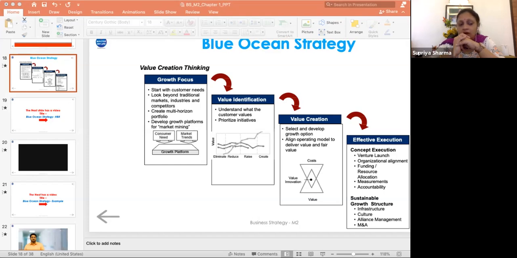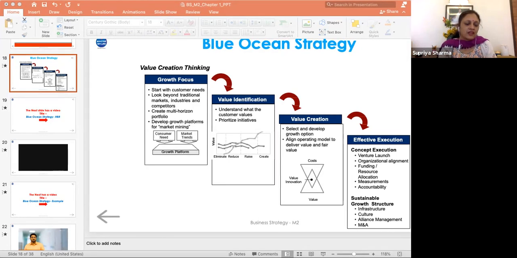And there was a price, utility, and cost. Price, utility, and cost. These three have to come together. It should fit into the minds of the consumer. Price, utility, and cost, which is known as value innovation.